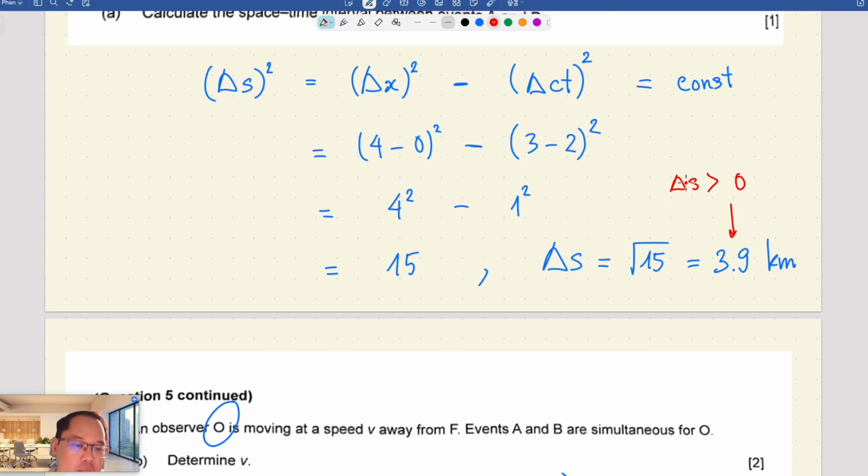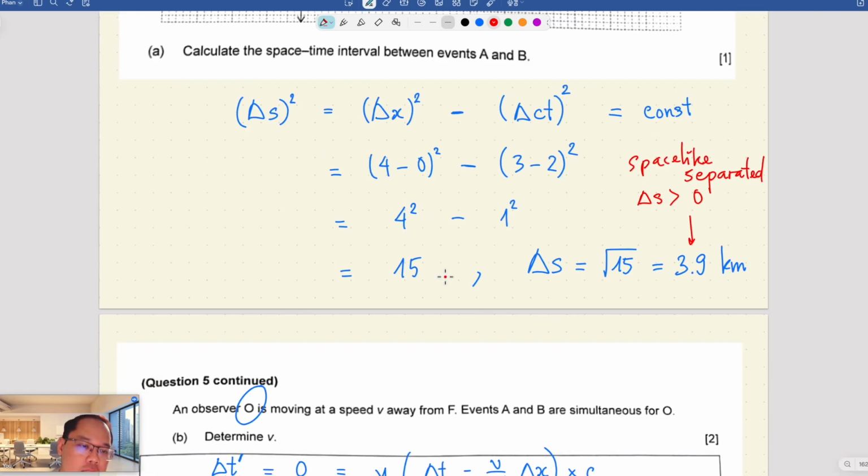The two events are completely independent and not causally related, which means one event does not create another. That is the meaning of a space-like separated space-time interval.